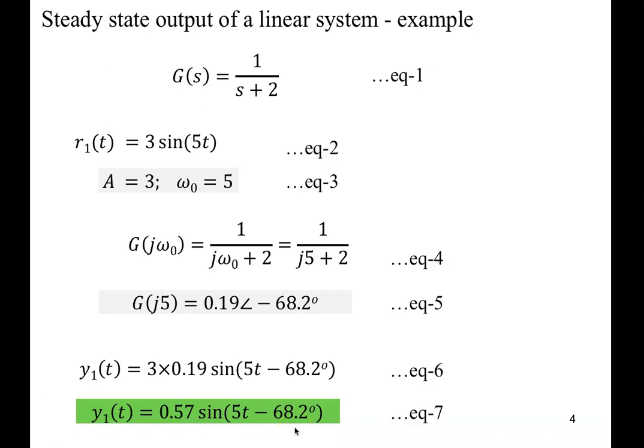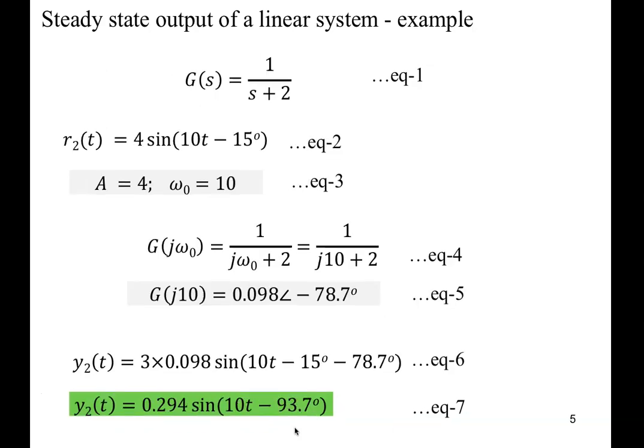That's the approach. Now if I change the input a little bit, this time my input in equation number 2 is 4 times sine 10t minus 15 degrees. The transfer function is the same.